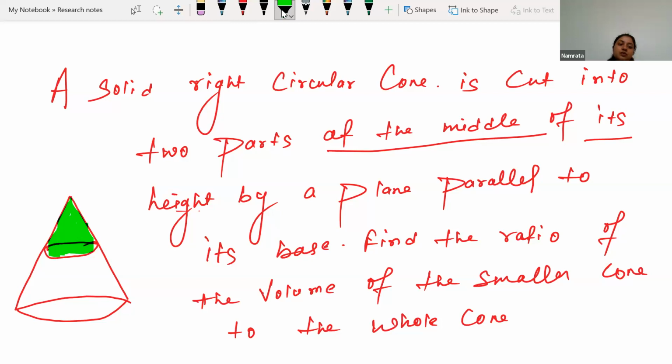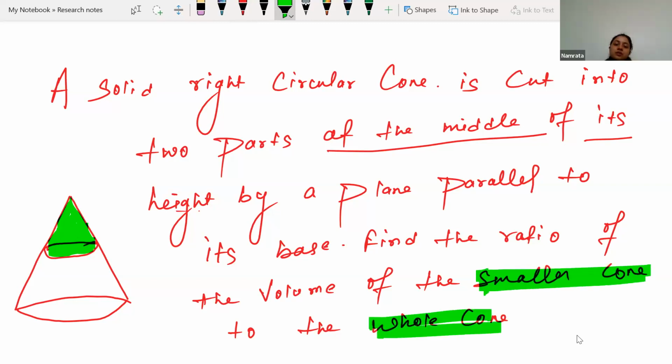This is one of the cones, and the next cone is the total, the bigger cone. Can you see it? Yes, ma'am. It says find the ratio of the volume of the smaller cone and the whole cone. How to do it? What will be the volume of the smaller cone?